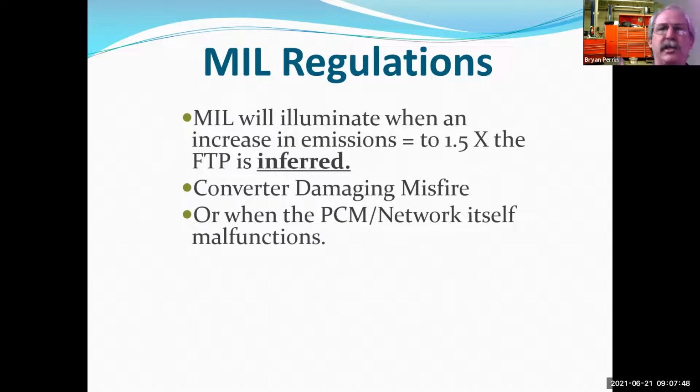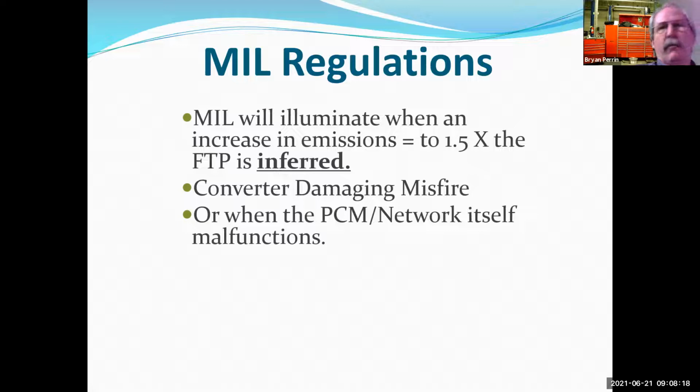But if I can't see how fast I'm going, that certainly could, because now I have to shift my transmission differently. I'm not going to be as efficient. That's going to lower my gas mileage, which will increase emissions. So I'm probably going to turn it on if I can't talk to the ABS module. But if I can't talk to someone else, I might not kick that on. So it really comes down to what part of it is malfunctioning.